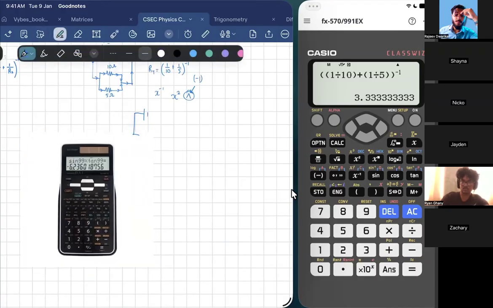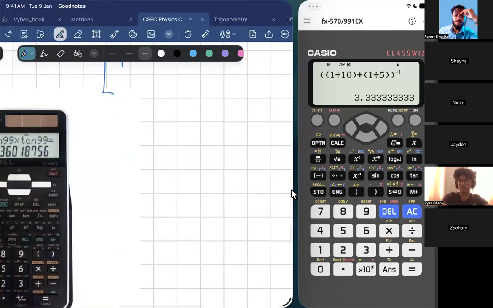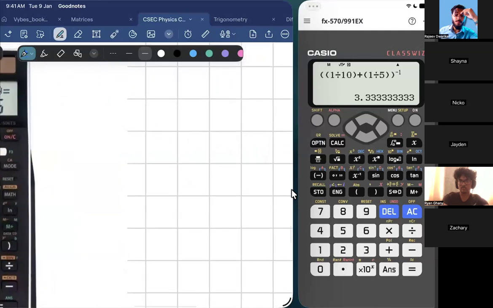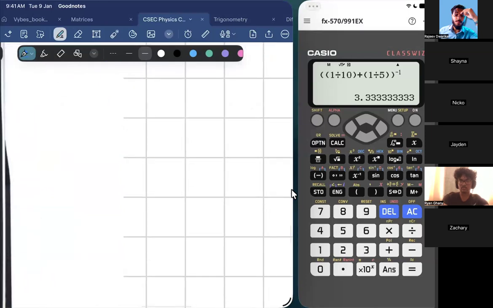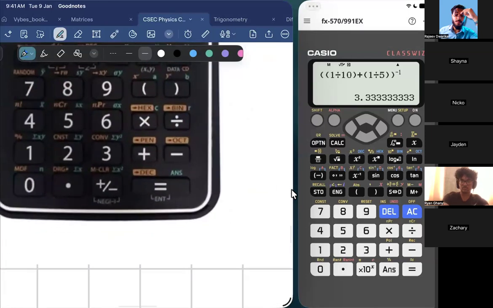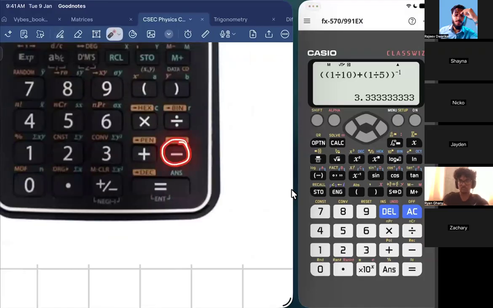Alright, so Jaden, let me see what's going on there. Jaden, could I see the start of it, where you plug in at the start? Here's what, Jaden, I think I know the mistake. In the Sharp calculator, let me explain something. If you press this minus button, it will say error.